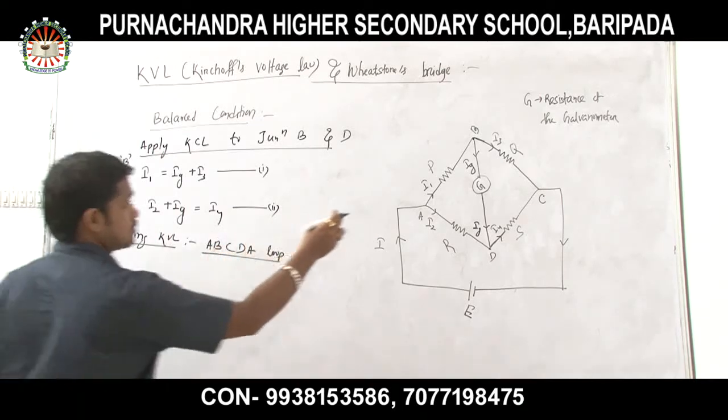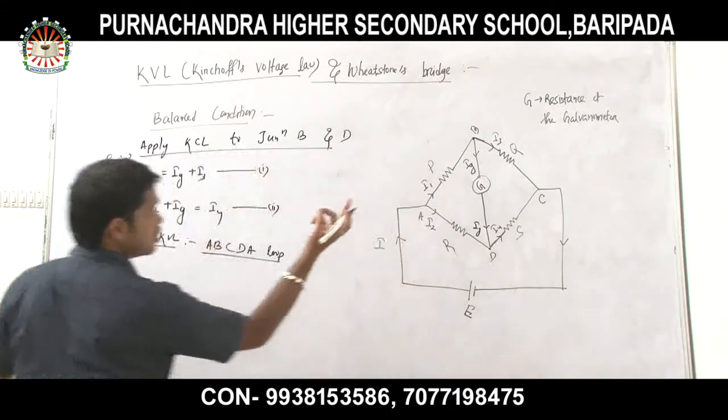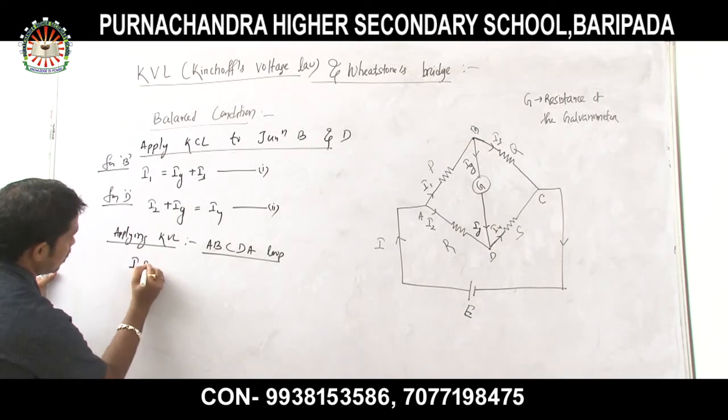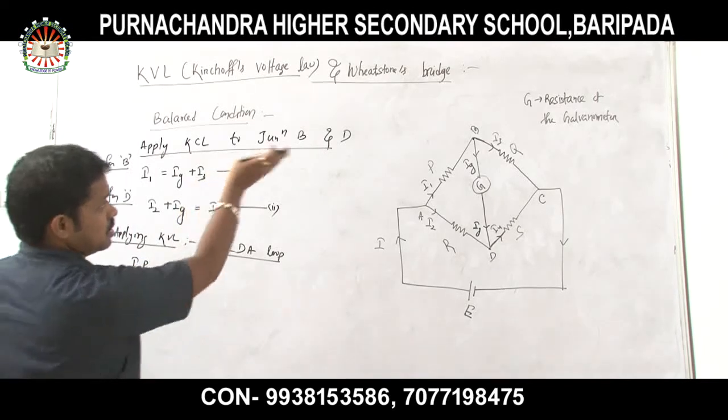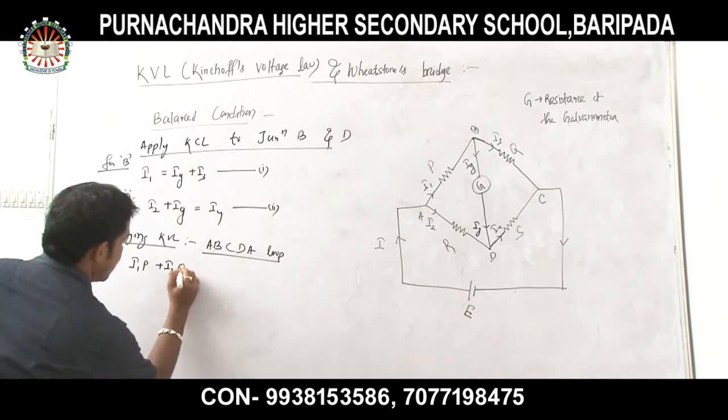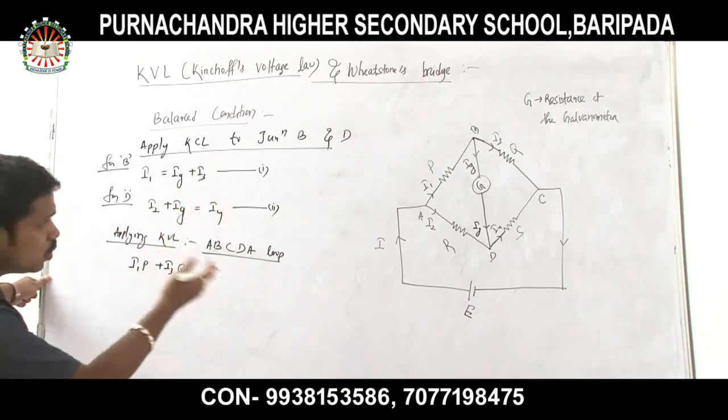So you are starting from here. So I1P, very simple, I1P clockwise. Then plus I3, you just write it down, I3Q.